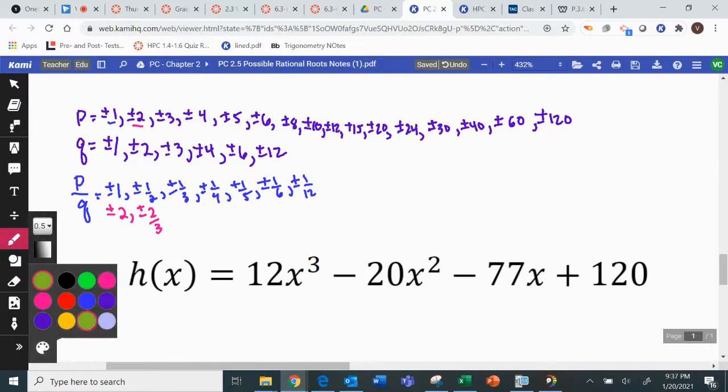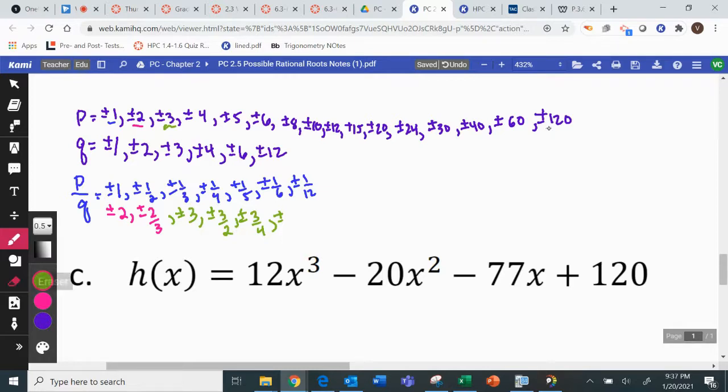How about 3's? Plus minus 3 over 1, plus minus 3 over 2, that's a new one. 3 over 3 is 1, so I don't have to write that one. 3 over 4 is new. 3 over 6 is 1/2, and 3 over 12 is 1/4, and I already have those.